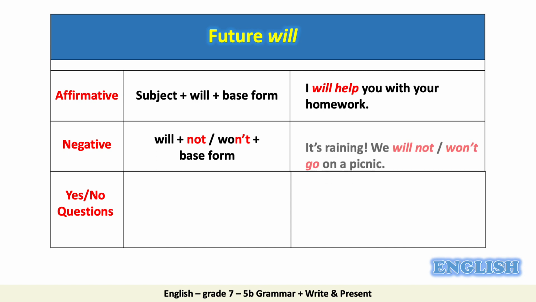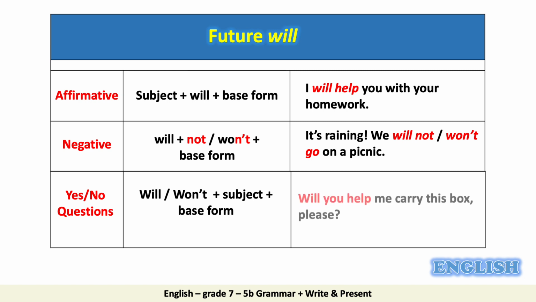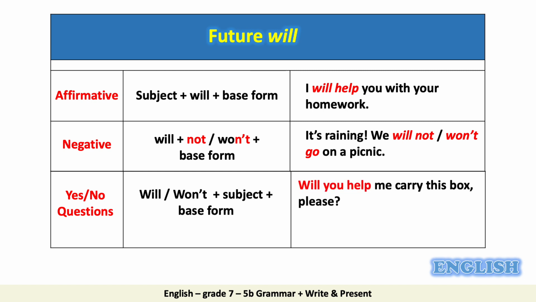For example, if it is raining, we will not or we won't go on a picnic. Third, we form the question form by putting will before the subject, followed by the base form of the main verb. For example, will you help me carry this box, please? Or, won't you stay with your little brother Khalid?